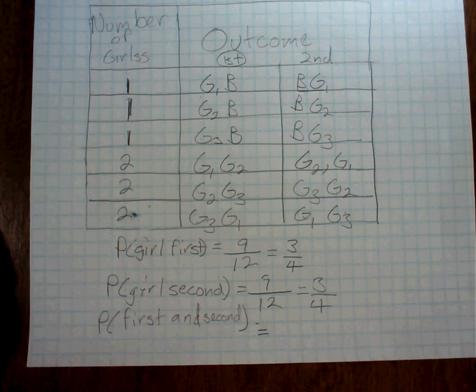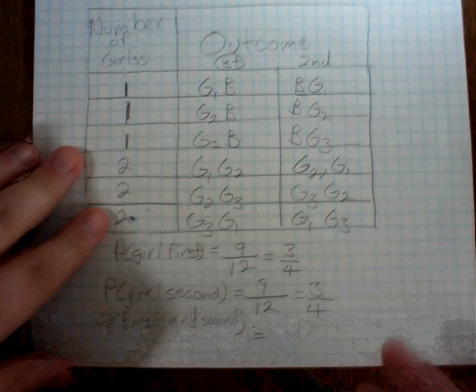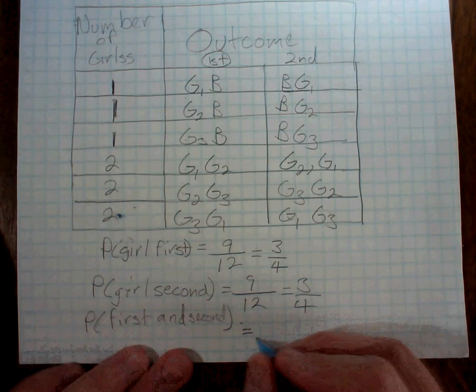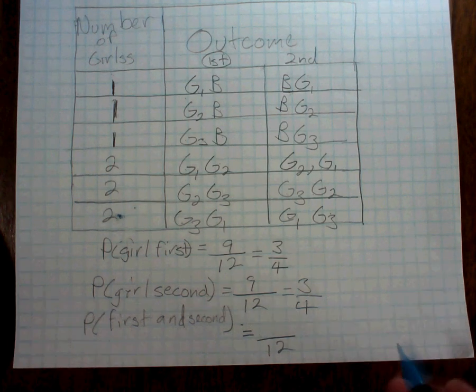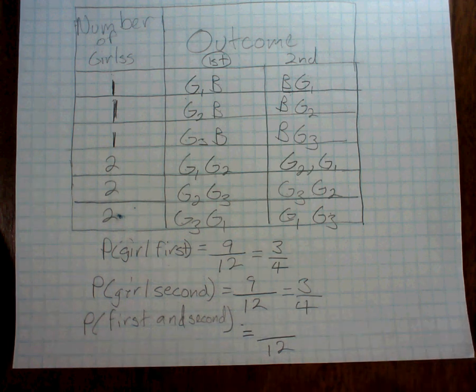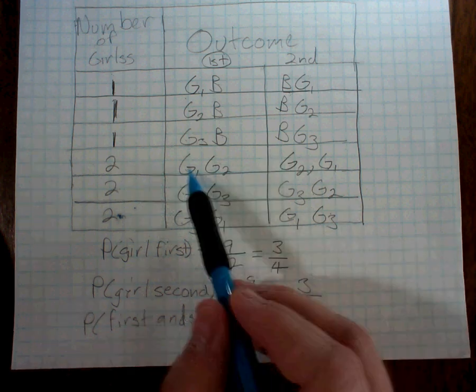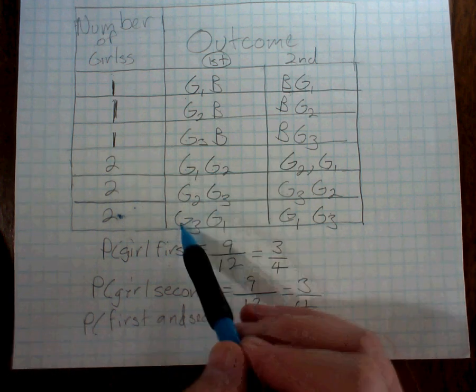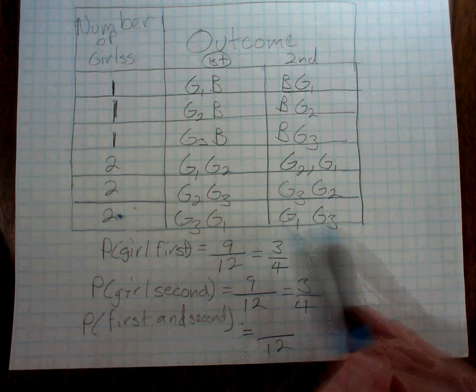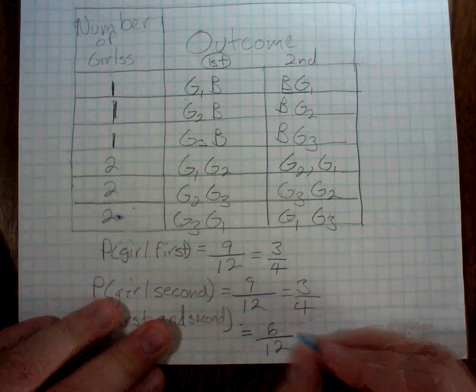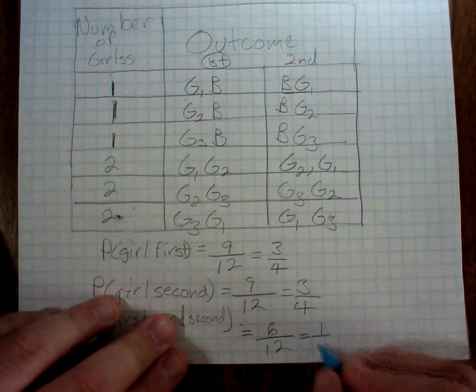And I wrote it kind of funny because I'm trying to read it out of the textbook. So again, I have 12. And what I have to do is count how many GGs I have. So I have 1, 2, 3, 4, 5, 6. 6 over 12 is 1/2.